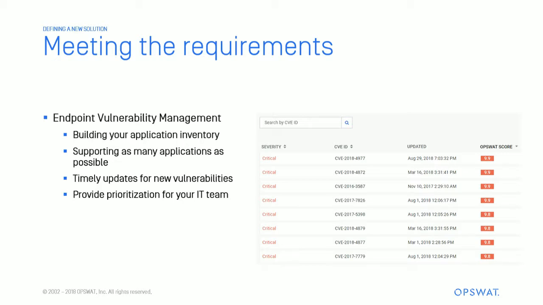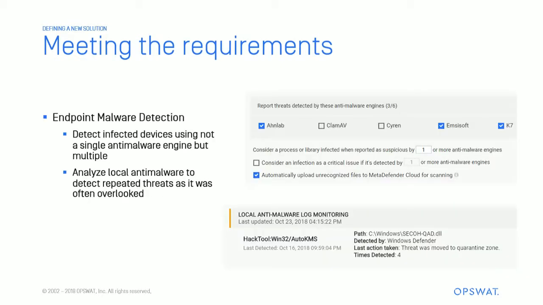You want to understand how many open vulnerabilities you may encounter as these devices are onboarded to your cloud or your local network. You want very timely updates reporting back all these open vulnerabilities. And last but not least, you want prioritization for your IT team, because they can be facing thousands of vulnerabilities daily, and they don't really know how to prioritize the patches and what to focus on first.